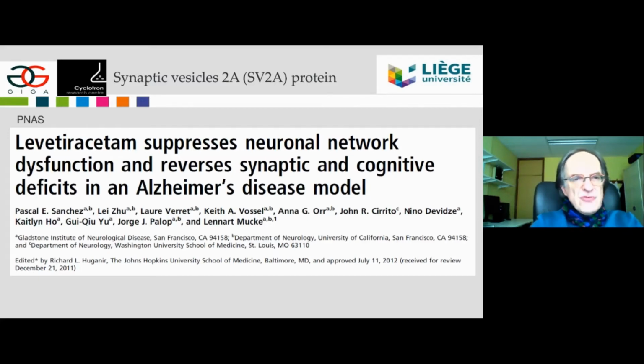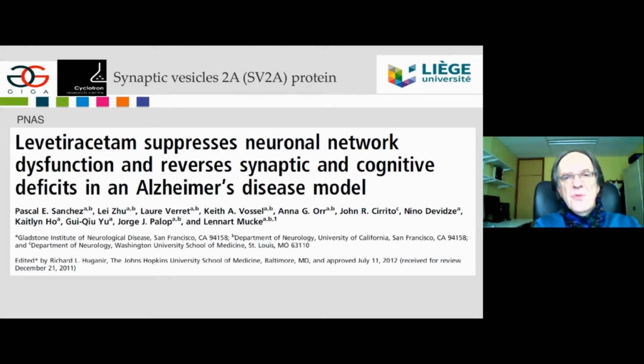Another point of interest has been that levetiracetam, apart from its anti-epileptic properties, has been used in animal models, rodent models of Alzheimer's, and this group has shown that the administration of a quasi-normal dose of levetiracetam was improving the situation in Alzheimer's, which means suppressing a dysfunction of the neural network and reversing a synaptic deficit.